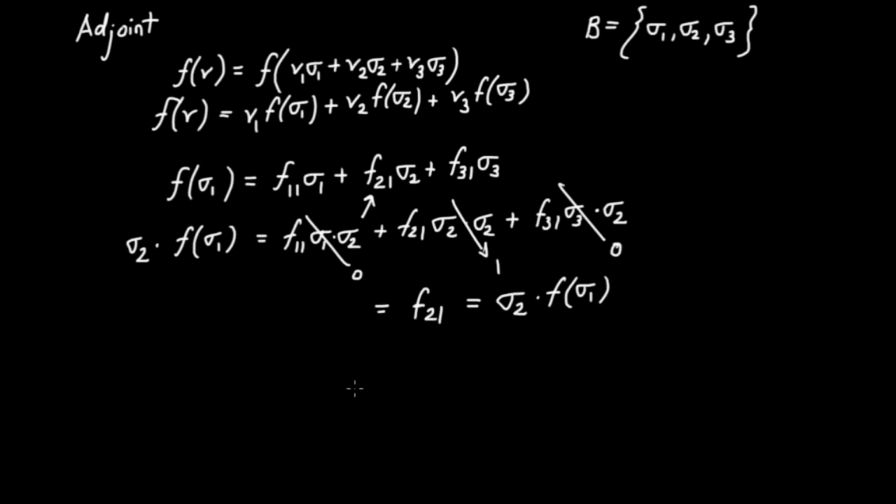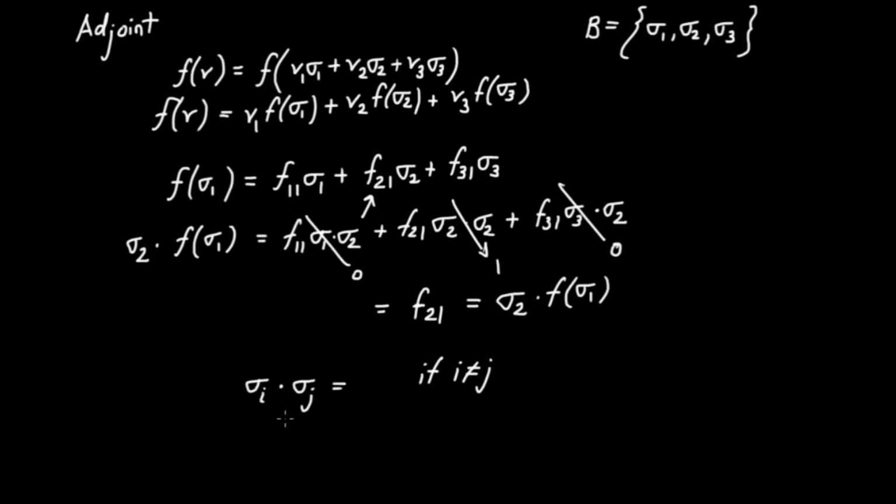But another piece of notation before we do that. If we take sigma i, where i can be any number, and we dot it with sigma j. Now, if i is not equal to j, this could be something like sigma 1, sigma 2, or sigma 1, sigma 3.